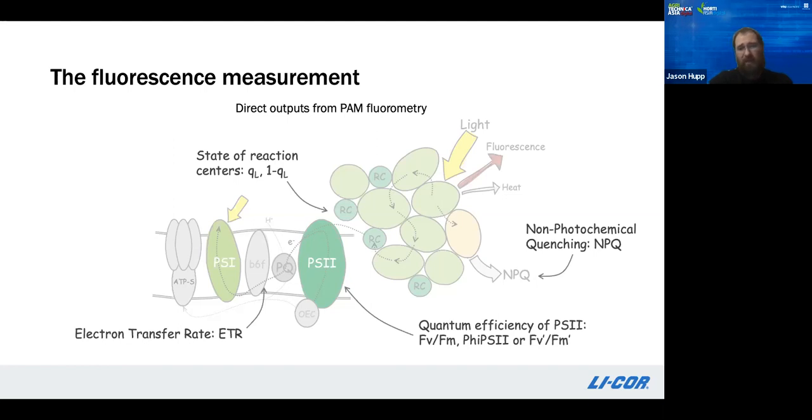And then from the phi-PS2 measurement, if we know something about light absorption by the leaf, we can estimate how many electrons are going down the electron transport chain. And this is a neat parameter because there's some basic stoichiometry that sets a fundamental limit for the number of electrons it takes to fix a carbon. And so by coupling these fluorescence measurements with the gas exchange measurements, we can paint a really deep picture of what's happening physiologically inside the leaf.